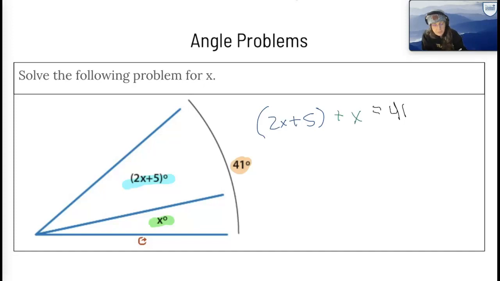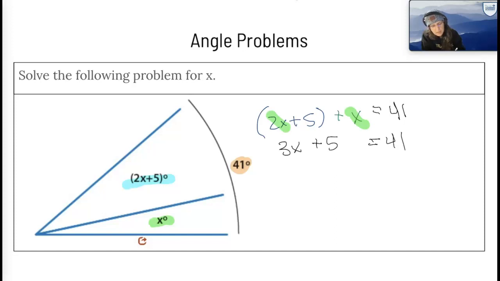Then you're just going to solve. Those parentheses, we don't have to worry about them because we don't need to distribute anything. So we're going to combine like terms. We have our x's. We don't have any additional constants to worry about. So now we have 3x plus 5 equals 41.